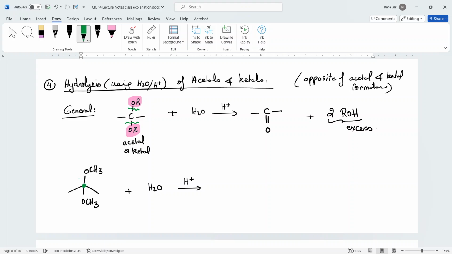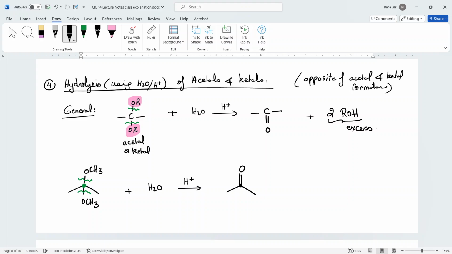Locate the carbon that has the two ORs. Then you are going to break this bond and this bond and change that carbon into a C double bond O. We are not adding carbons. It's still here. So all you need to do is just add a double bond and an oxygen there.